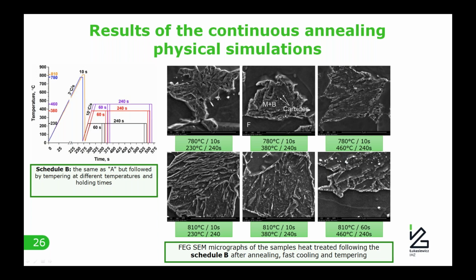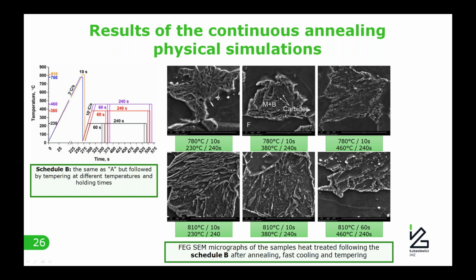On this slide, we see the same structures of the samples after tempering at 230, 380, and 460 centigrades for 240 seconds, following Schedule B. The structure of all these samples is composed of ferrite, tempered bainite, and martensite.